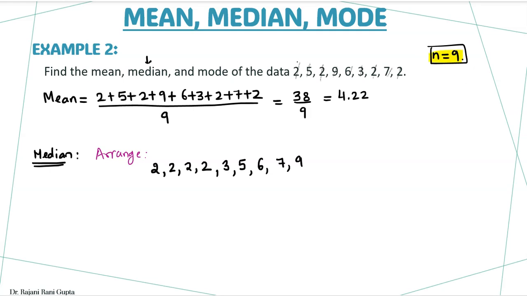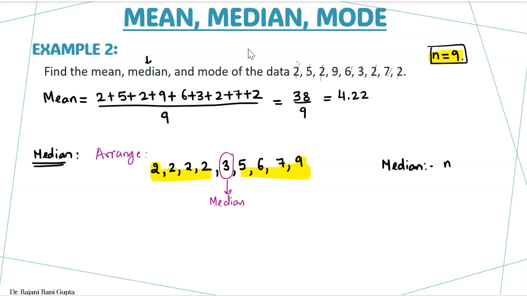So what will be the middle value? Let's see. We have one observation on both sides, 2 together, 3 on both sides, or 4. So we get a single middle value. So this is nothing but your median. Okay. It's aligned with our formula. What is the formula for finding median?